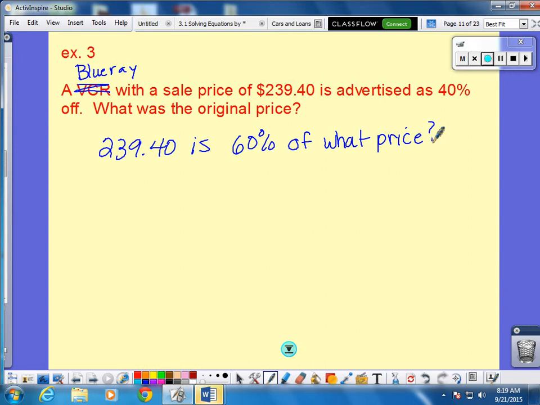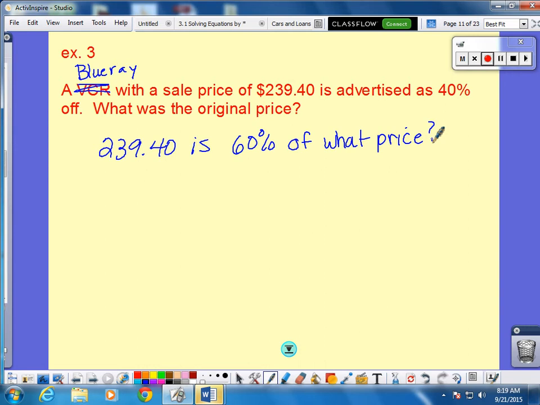Now wait a minute, 60% is not in the problem. Well, if I took 40% off, then it's 60% still on, right? So if I'm shopping and there's a 40% sale, I just find 60% of my price. I don't have to do it the way my elementary teacher taught me, finding 40% and then subtracting it. That's too much work in the head. So I can find 60%.